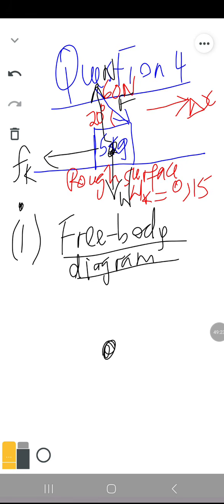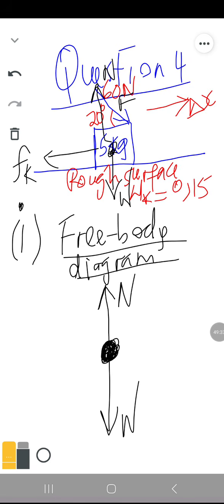So when you transfer to a free body diagram, let's do it. Remember, it's weight here, normal force, and frictional force. You see your force applied is acting like this, but you don't draw it like this.